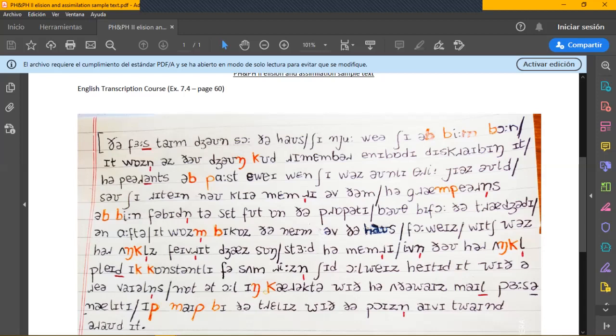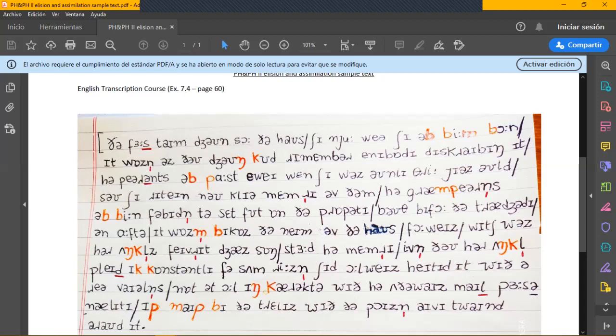And the point was that as in parents, I didn't do it in here, but I do it here to show you that either way of eliding those sounds or not is possible.